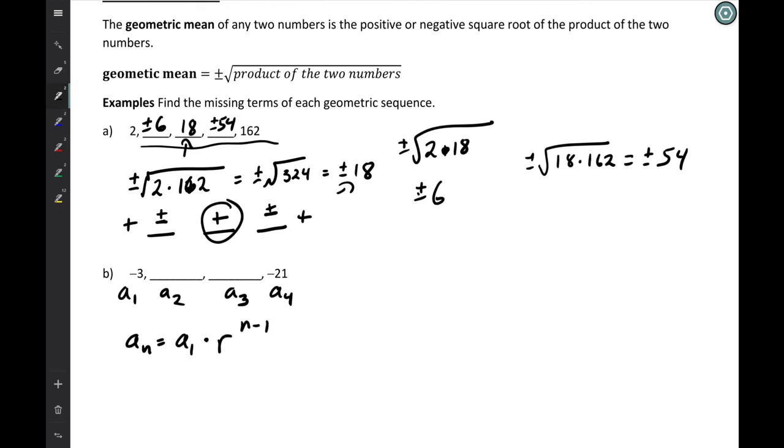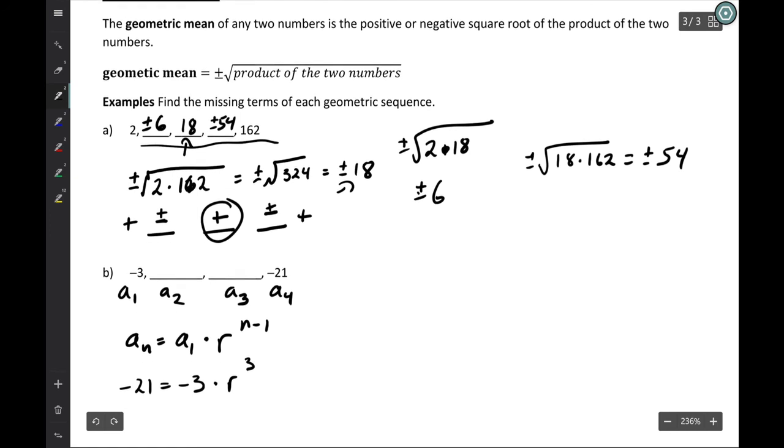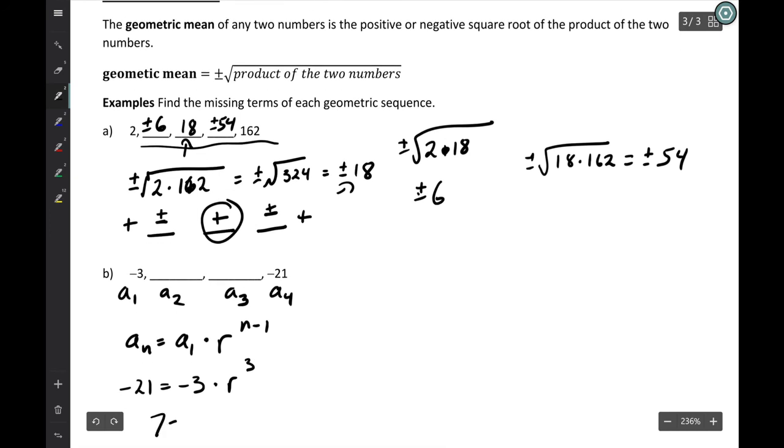If I have a sub 4 as my a sub nth term, that means that n is 4, a sub n is negative 21. So negative 21 is equal to my first term, which was negative 3, times r to the 4 minus 1, which is 3. Go through and solve this. I got 7 is equal to r cubed, or r is equal to the cubed root of 7.